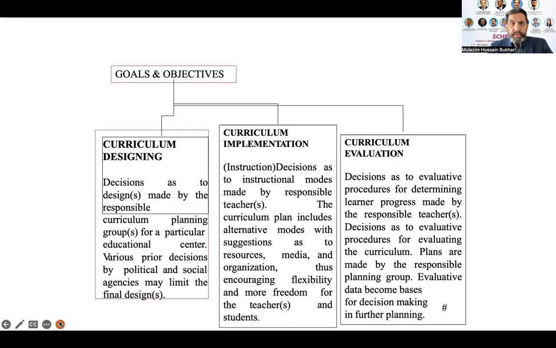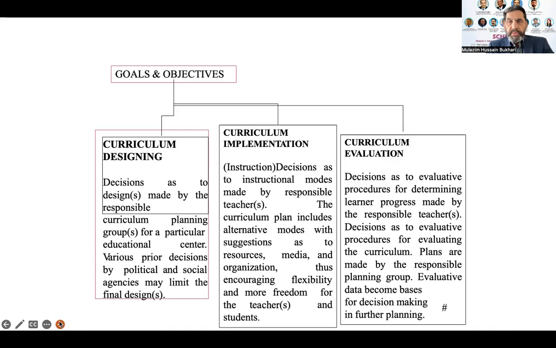Curriculum implementation, also the decisions as to instructional models, are made by responsible teachers. The curriculum plan includes alternative modes with suggestions as to resources, media, and organization, thus encouraging flexibility and more freedom for the teachers and the students.